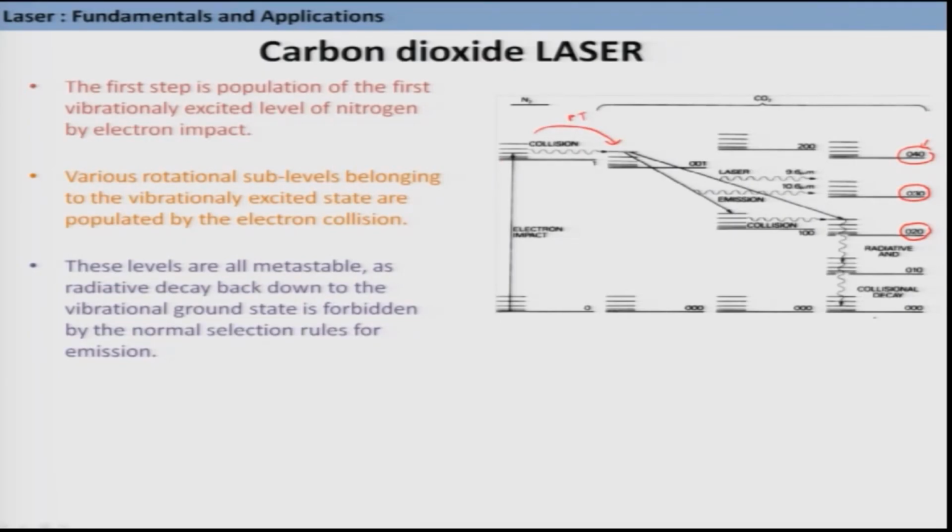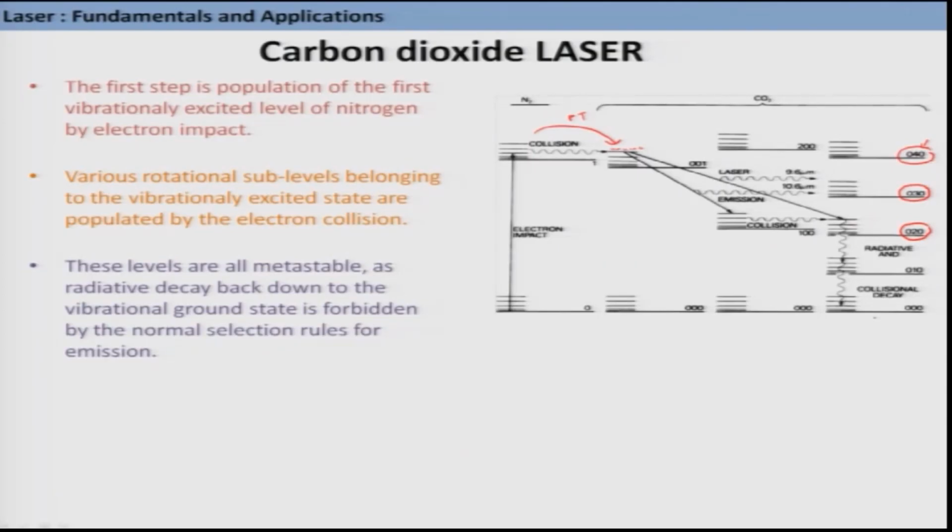Now the state where it is coming is a metastable state. Because it is a metastable state, after every excitation and following collision, the number of carbon dioxide molecules in this excited state is increasing, and then it can come down to the low lying energy states.